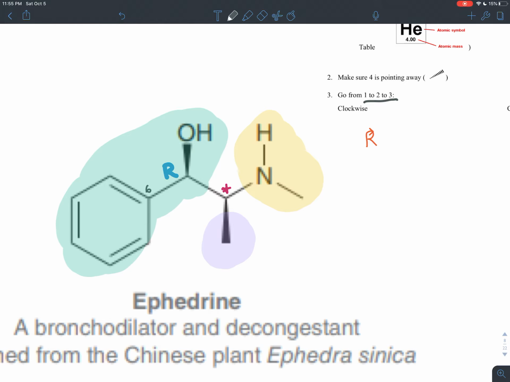Now, whenever you have a tetrahedral atom, a carbon with all single bonds, 2 of the bonds will be in the plane, 1 will be coming out at you, and the other will be going away. So I know that this hydrogen is going to be going away from me, because we already have the 2 bonds in the plane and the 1 coming out at us. So the other one has to be going away. So there's our fourth thing.